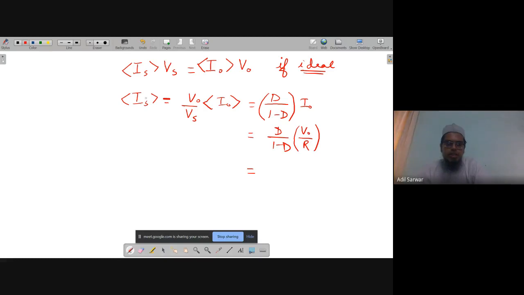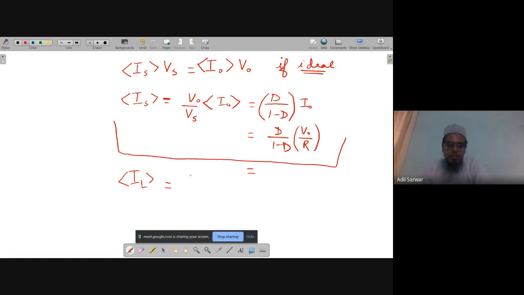actually I need the average inductor current and not the average input current. Although this holds good, our intention is to find IL average and not IS average.